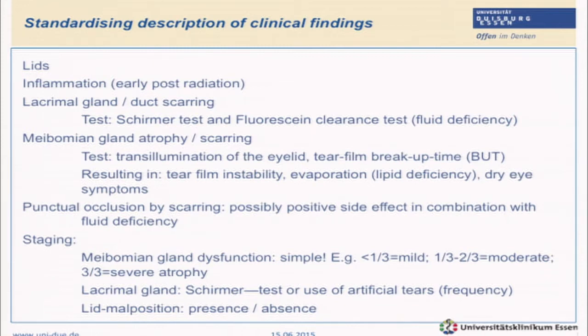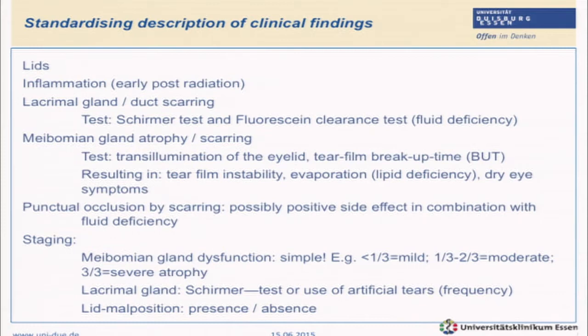So we have dry eye symptoms and we have chronic atrophy and scarring. We also, if the radiation field is large and includes the lacrimal gland, have fluid deficiency in the tear film, and we can test that by Schirmer testing and fluorescein clearance tests.